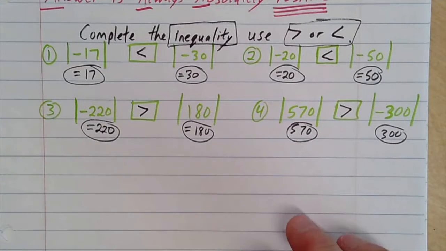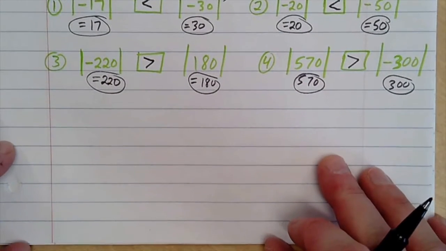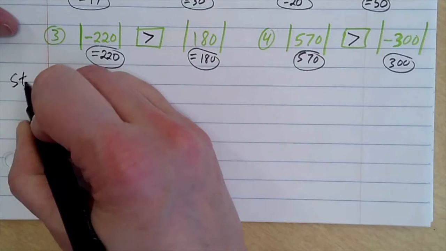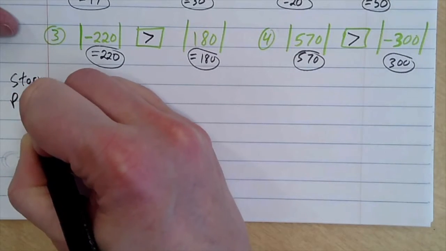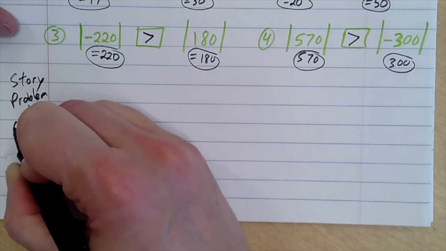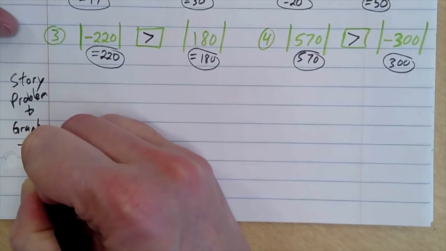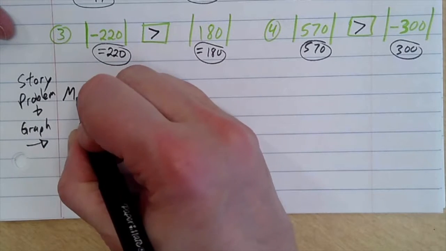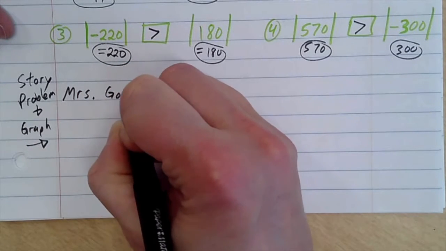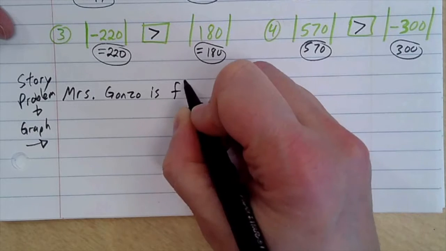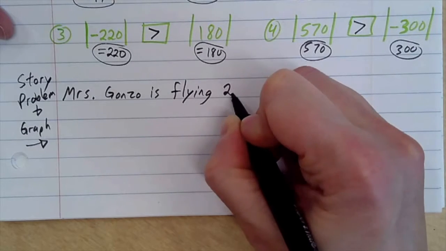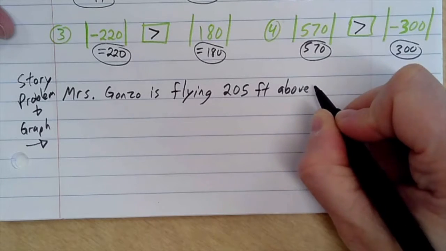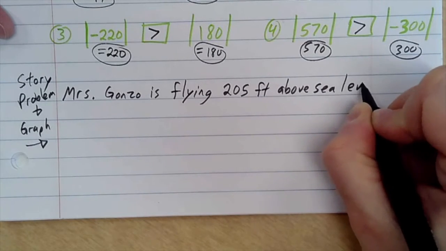The next thing I'm going to do is create a story problem that goes on to the next page where we're going to graph it. So this is our story problem, and the graph will be on the next page. So the story problem is that Mrs. Gonzo is flying 205 feet above sea level.